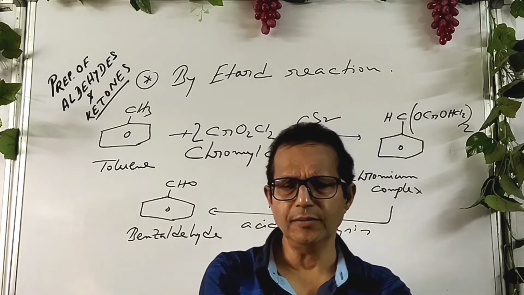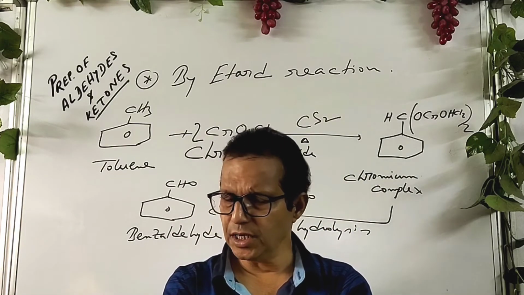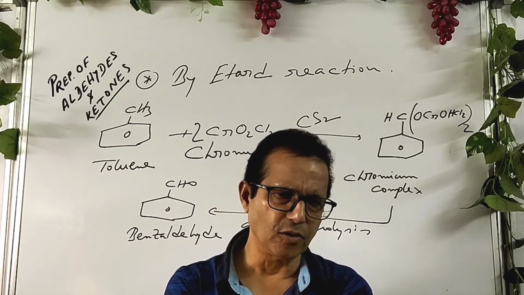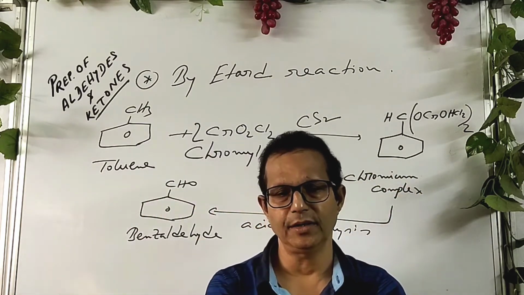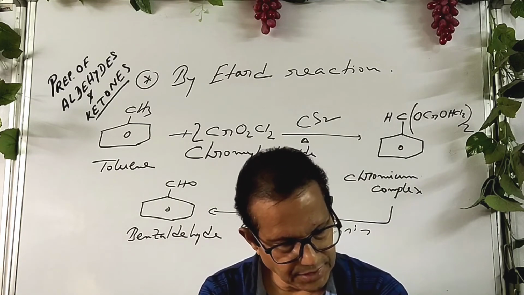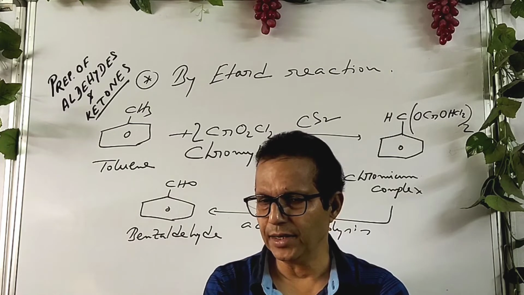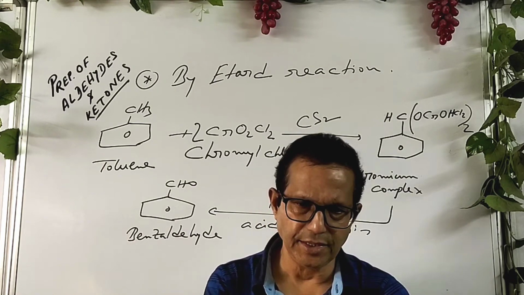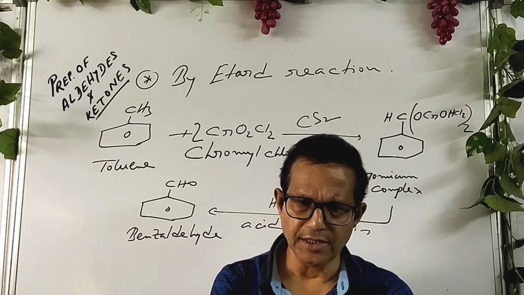A question may come in your mind, if we use potassium permanganate or potassium dichromate instead of chromyl chloride, then what will happen?